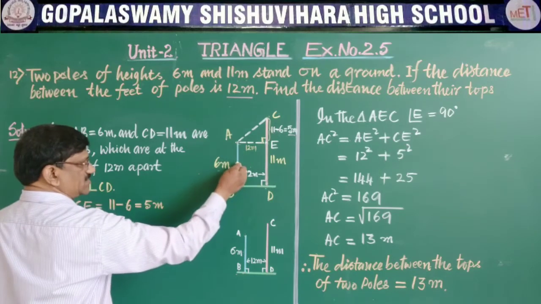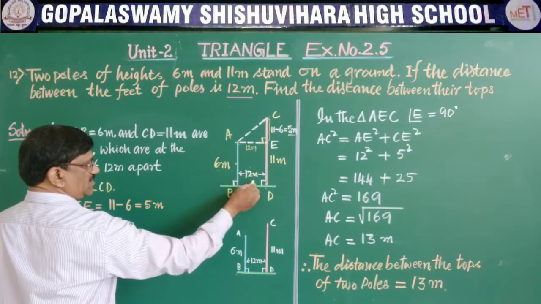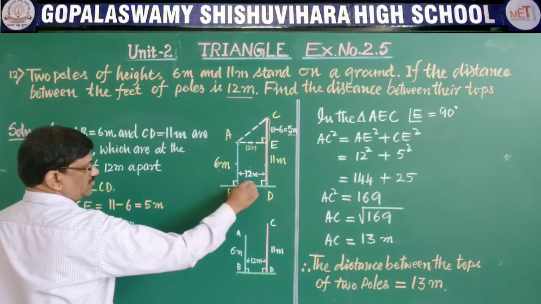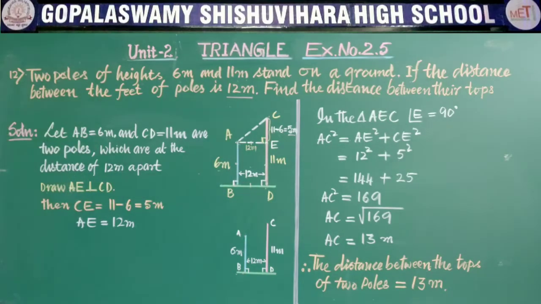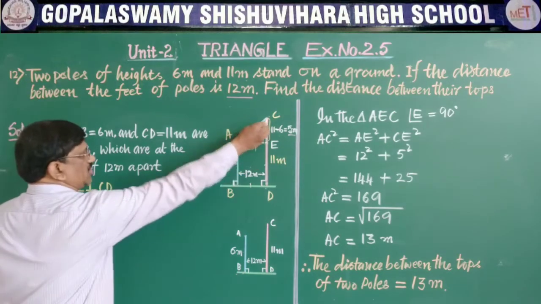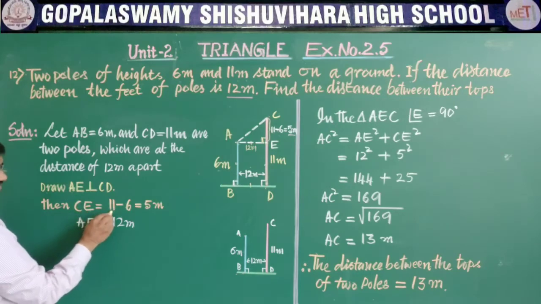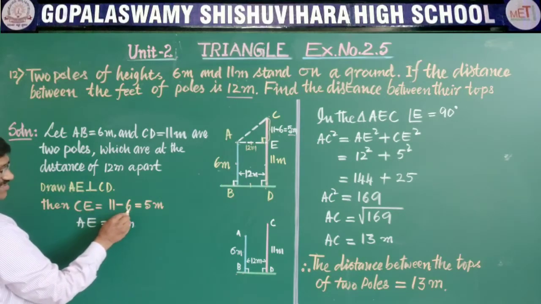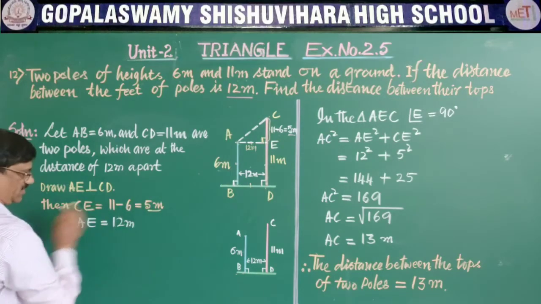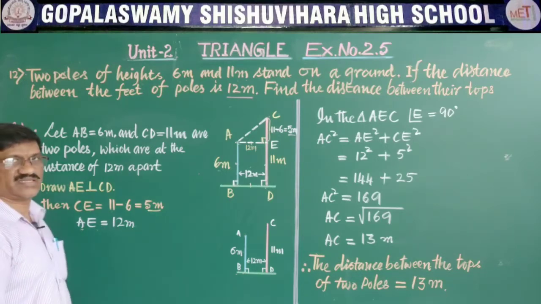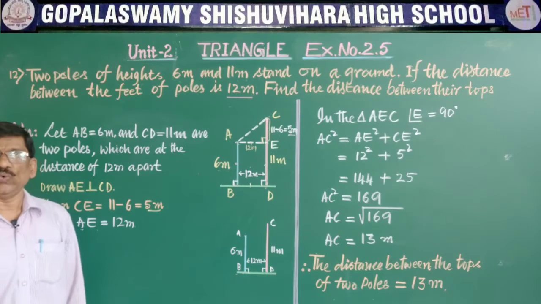So that means AB is equal to DE and AE is equal to BD. So CE, the extra length, is equal to the total length, that is CE is equal to 11 minus 6, which is equal to 5 meters. And you know that AE is equal to 12 meters, that is the distance between the two poles.